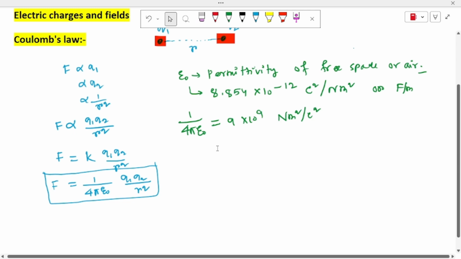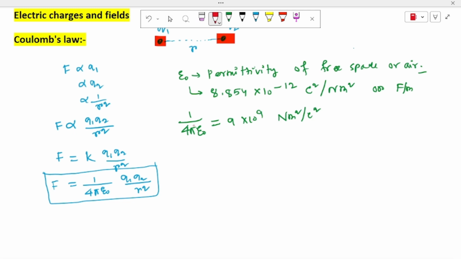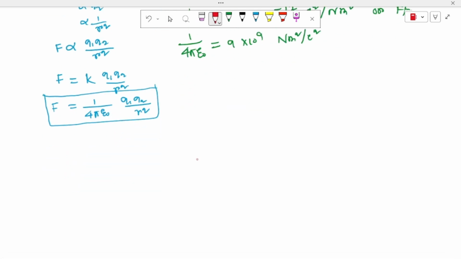Then what is the dimension of 1 by 4 pi epsilon naught? From this expression, we can easily write that 1 by 4 pi epsilon naught is equal to F r square by q square.